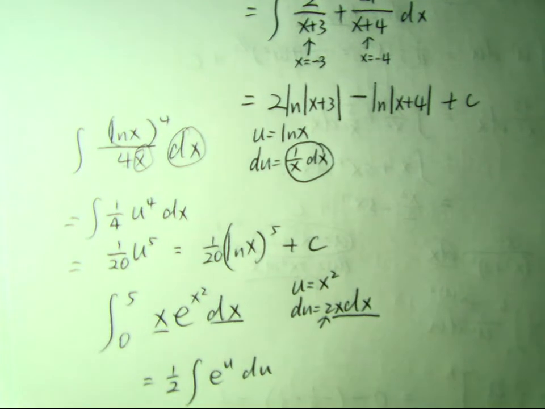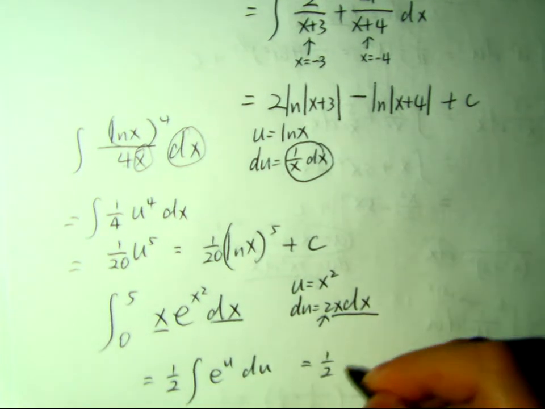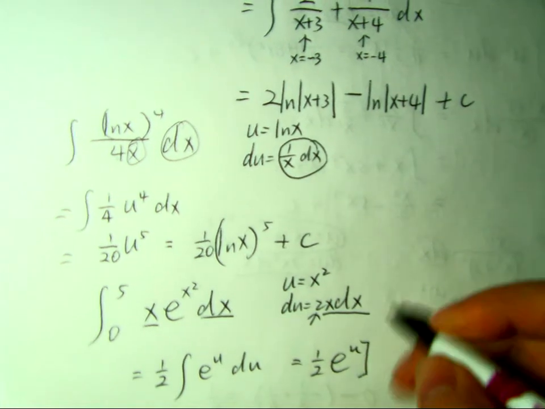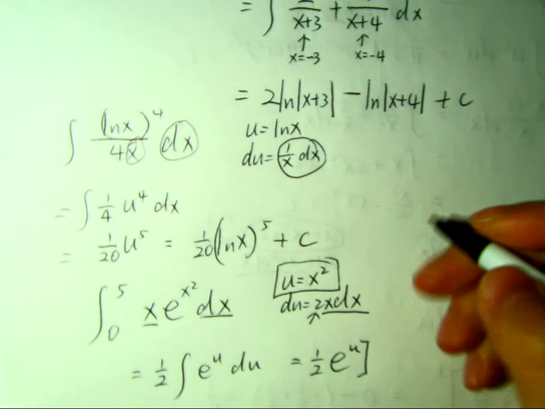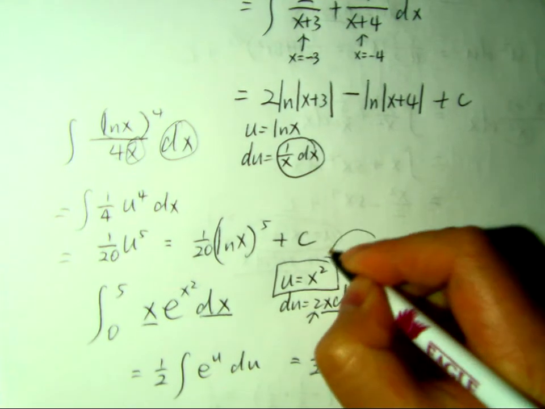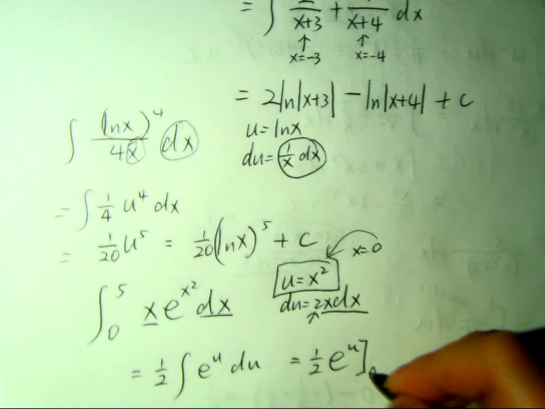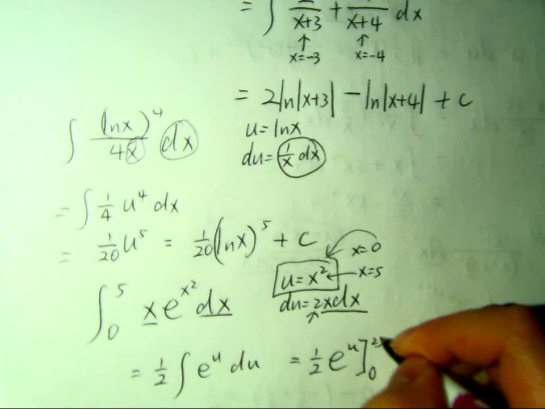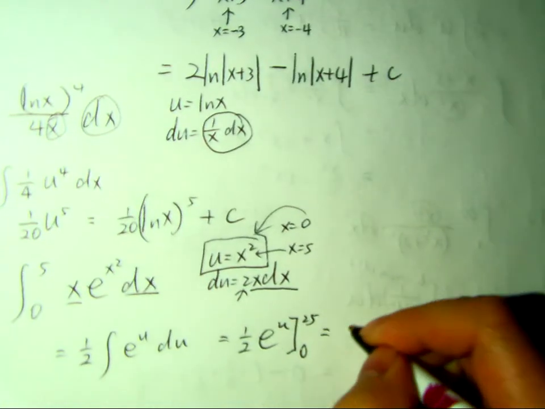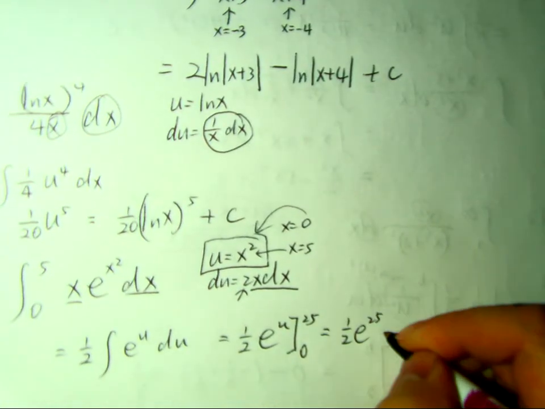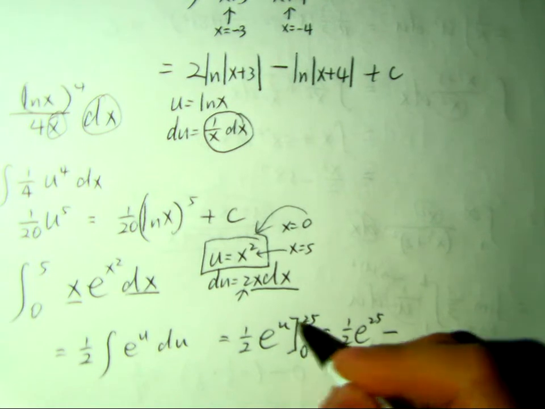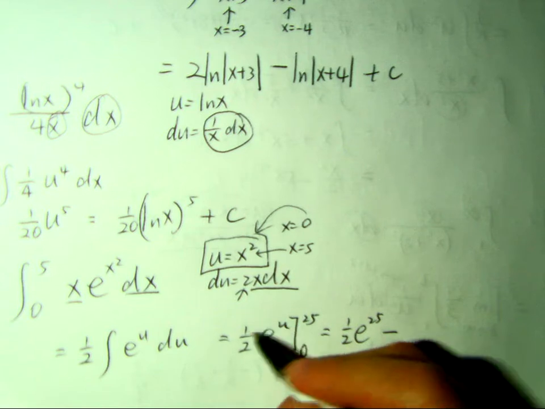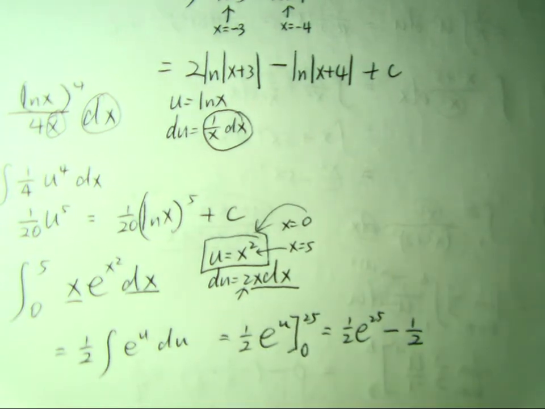And the integral of e power u is e power u. If I keep my u, that means I need to change the limits. So by using these equations, when x is 0, 0 squared is 0. And when x is 5, 5 squared is 25. So the final answer will be 1/2 e power 25, subtract. When you plug in 0 here, e power 0 is 1, and times 1/2, so that's just 1/2 here.